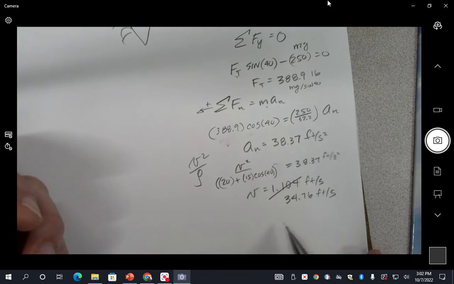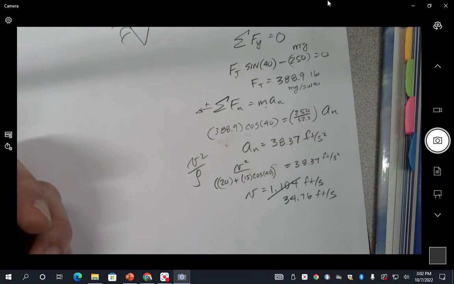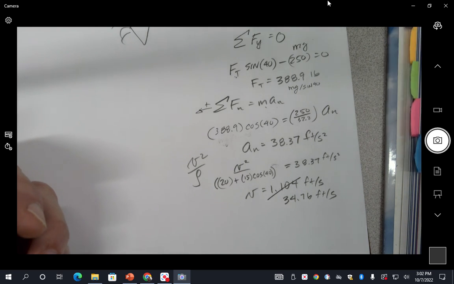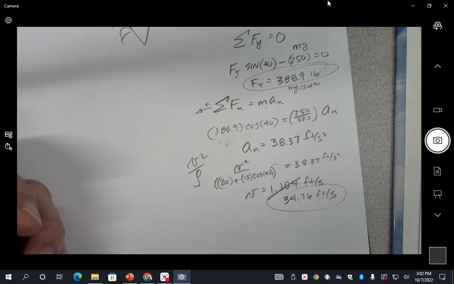And then if you want the tension, well, we already found the tension, right? The force in the cable for a swing and person weighing 250 pounds. So we got this one first, and that one second.